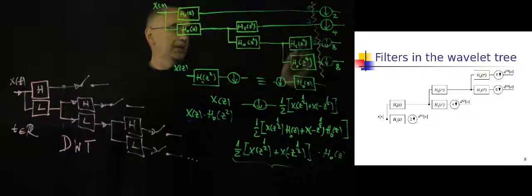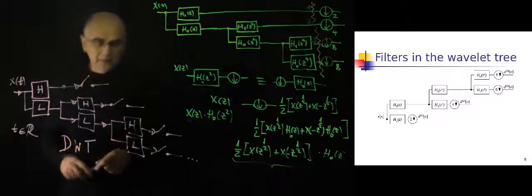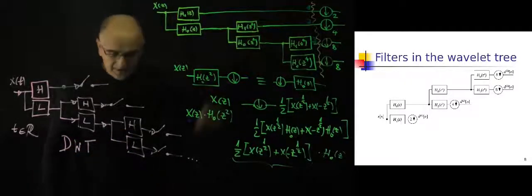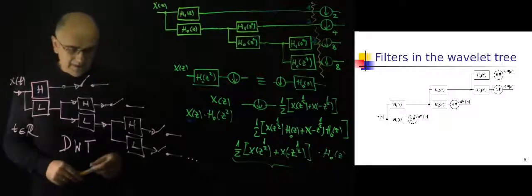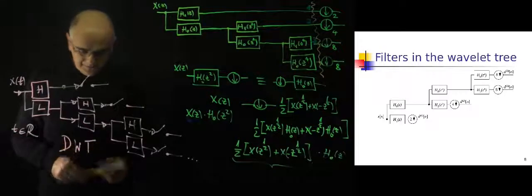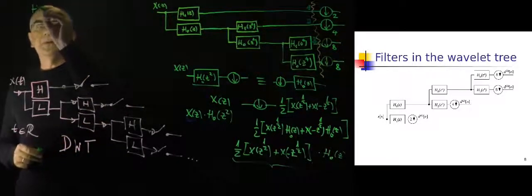Here is the third level of decomposition, and so on. At the first level of decomposition, we have applied only an unchanged high-pass filter, so we can just write it down. At the first level of decomposition, we have H1.